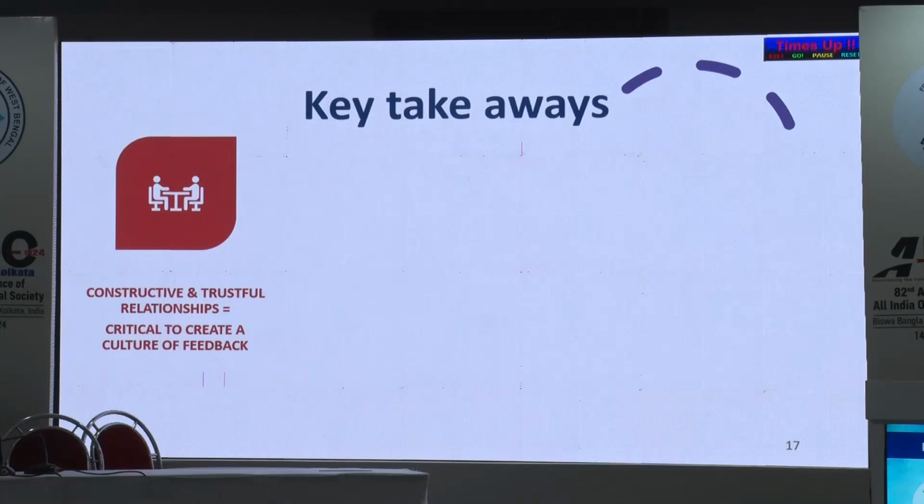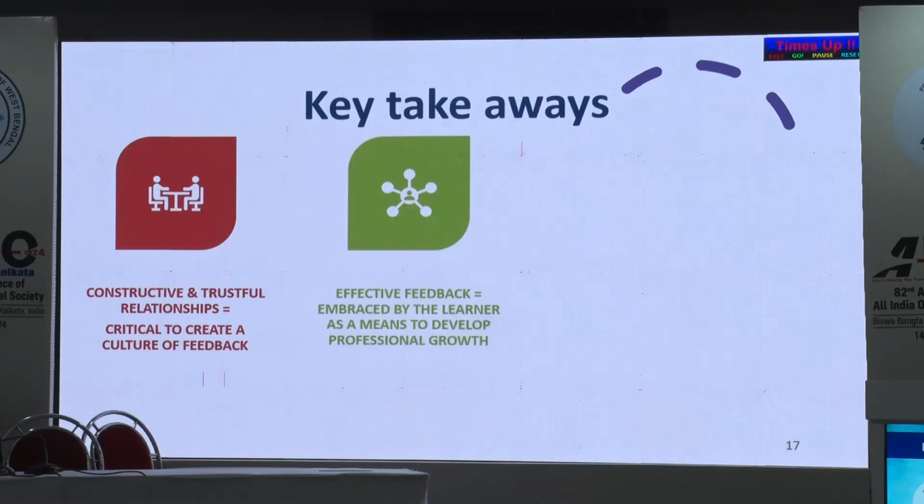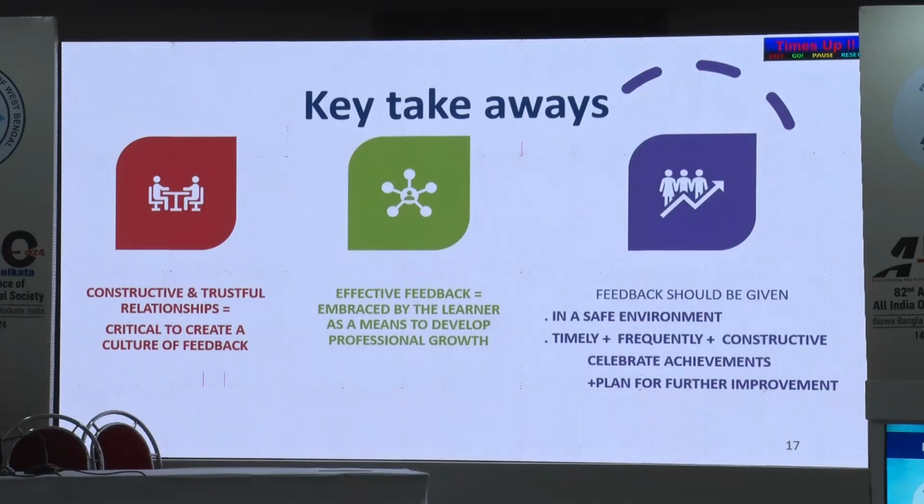So relationships at the center, effective feedback, being embraced by the learner as a means to develop professional growth, not taken as something that is diminishing or taking away self-confidence, on the contrary, and also being provided in a safe environment, creating this relation of trust.